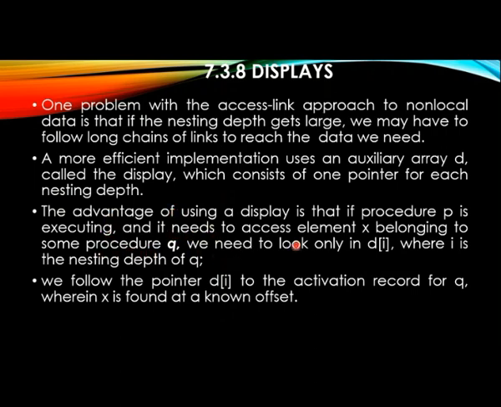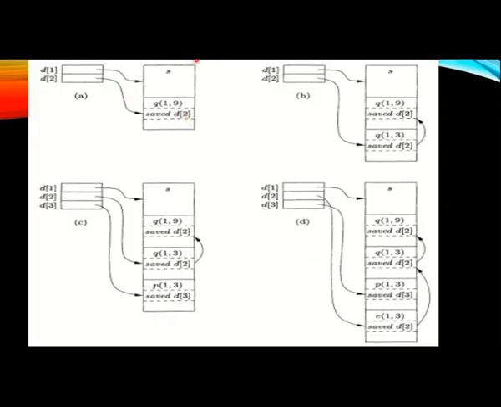For example, here we can observe the display for this function. Initially we start the sorting function, after that it invokes the quicksort function. When the sorting function starts, the nesting depth is 1.